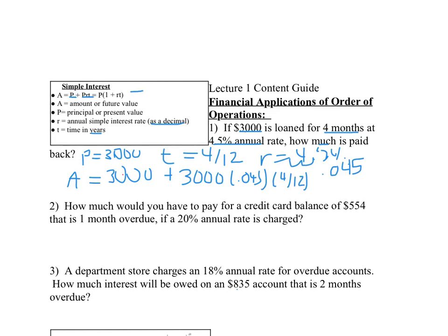And this is going to give us 3,000 plus, putting these 3 into the calculator, 45. So A will equal $3,045. So we gained 45 in interest.